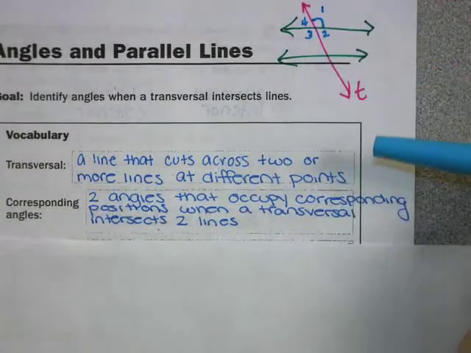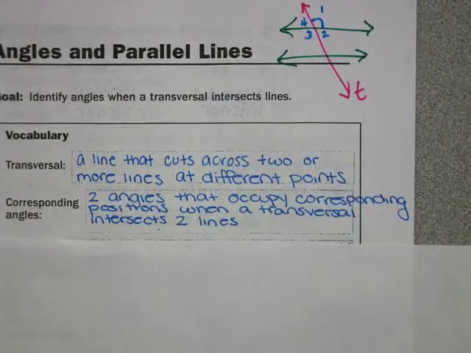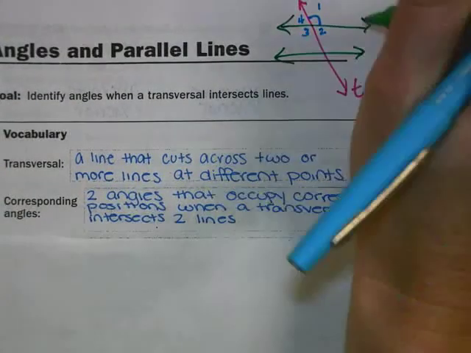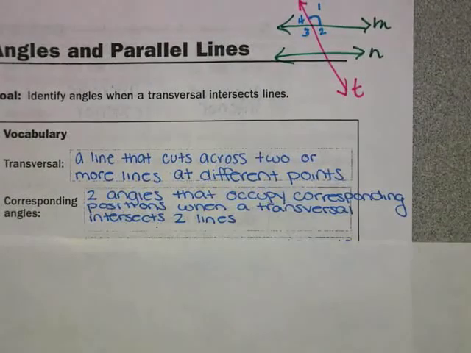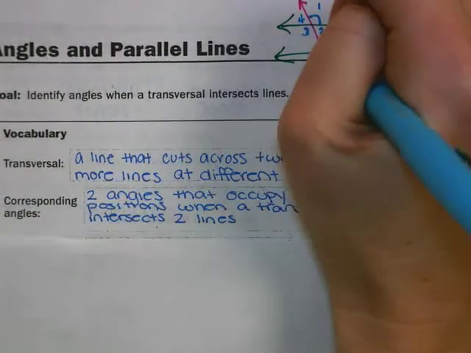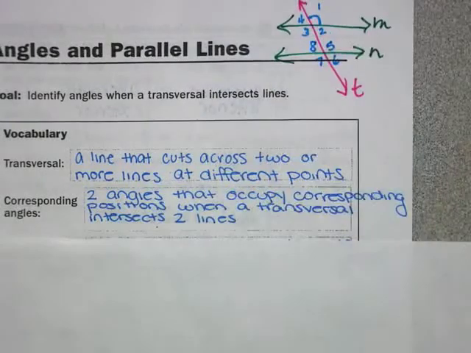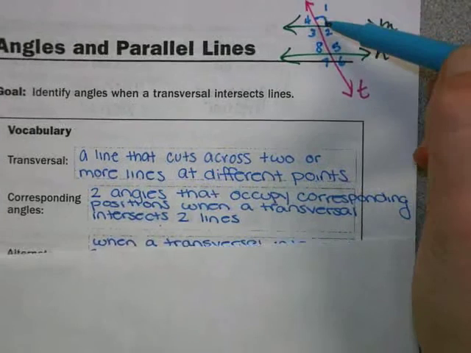There are also angles that make up this intersection, and I'm going to label my lines right now M and N. That way, if I have to refer to one, I can say M or N. So I'm going to label these 5, 6, 7, 8. So which angle is in the same position as angle 1, which would be basically that top right corner?